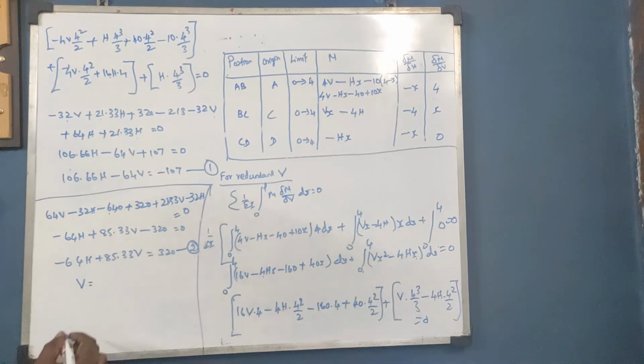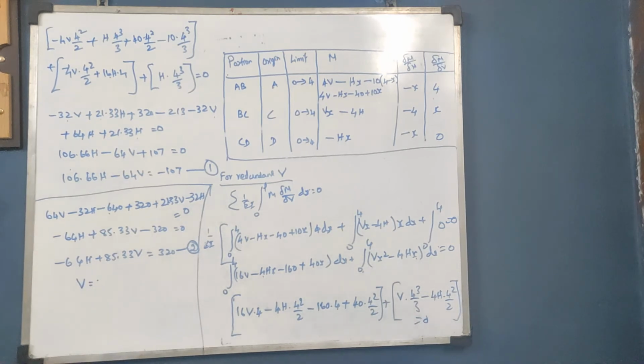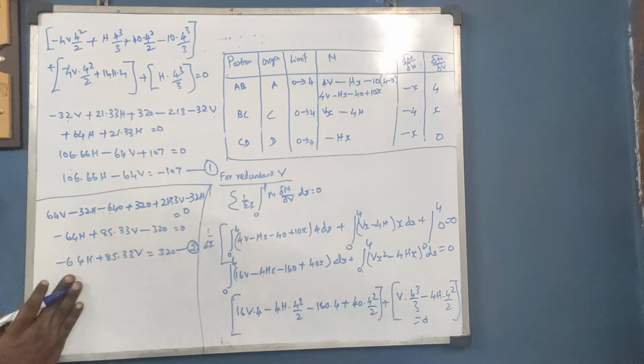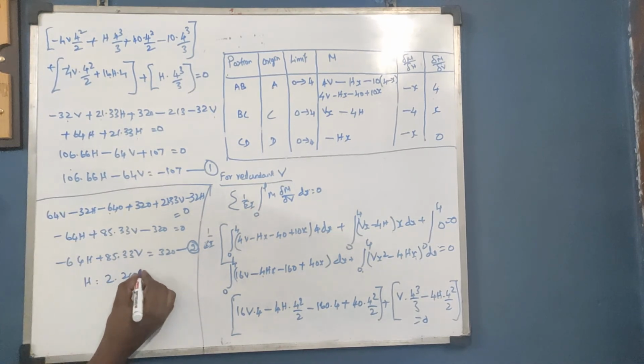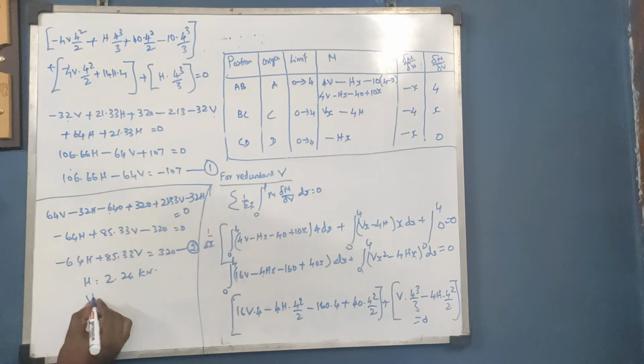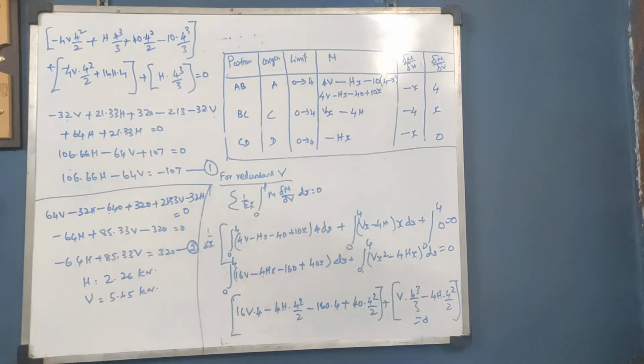By solving these two equations, we will get H equal to 2.26 kilometer and V equal to 5.45 kilometer.